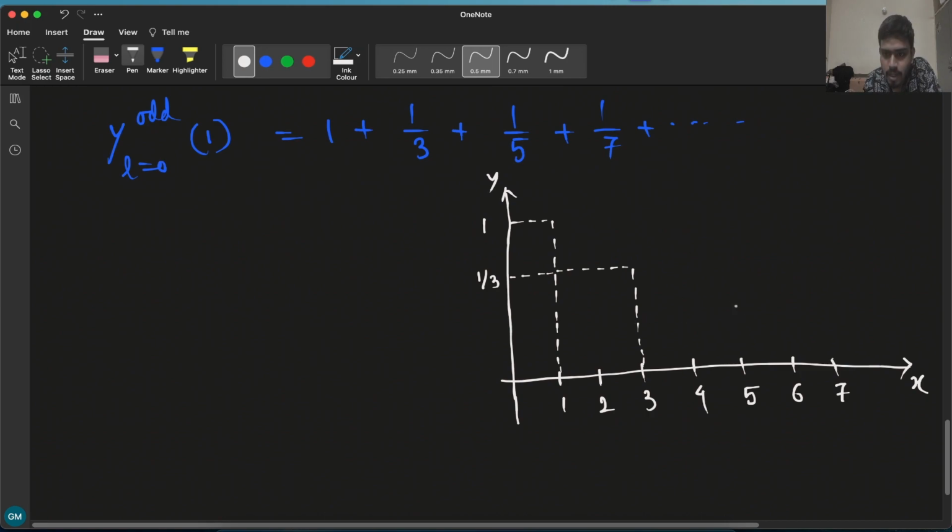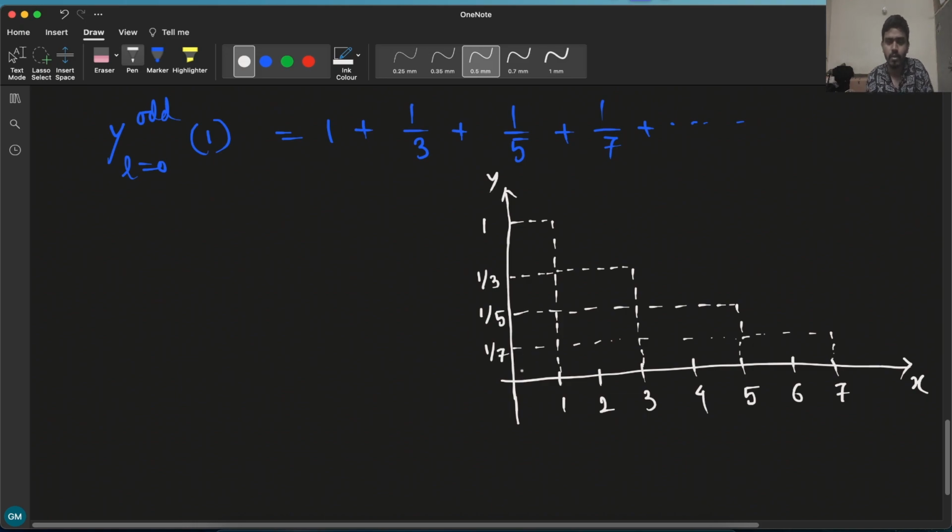For the time being, let's assume that this is 1 by 5. Similarly, let's assume that this is 1 by 7.